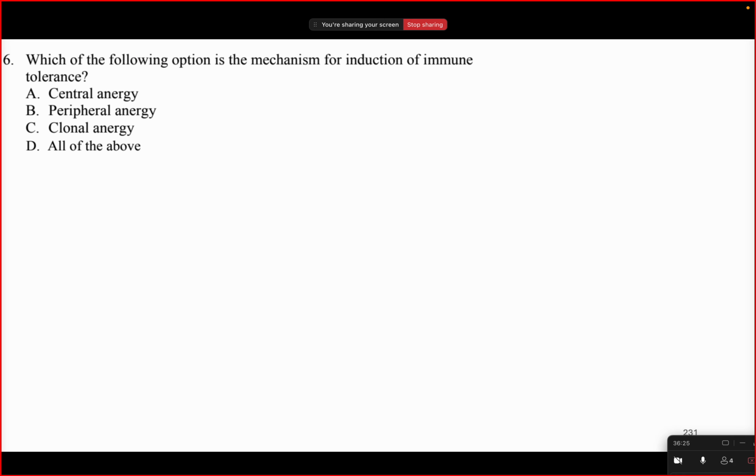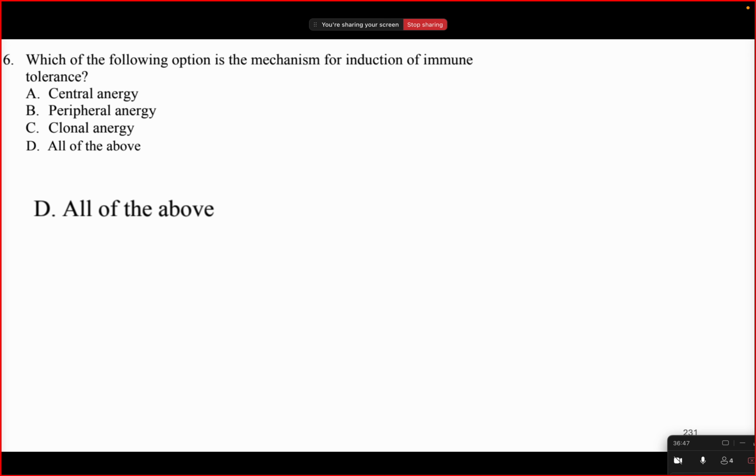The answer is all of the above. Which of the following options is the mechanism for induction of immune tolerance? Central anergy, peripheral anergy, clonal anergy, or all of the above? The answer is all of the above.